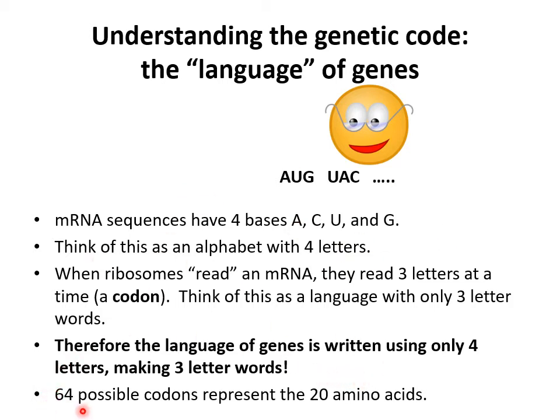So these 64 possible codons represent the 20 amino acids. So now all you have to do is write AUG. Well, what does AUG equal? Well, AUG is the start codon, and it equals methionine, which is the first amino acid. So when the ribosome reads AUG, it knows, oh, I have to add a methionine.